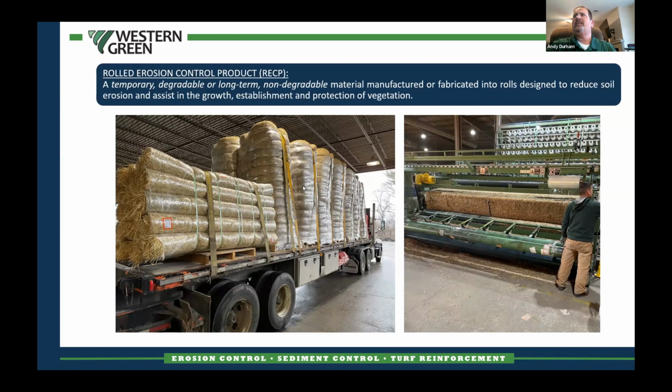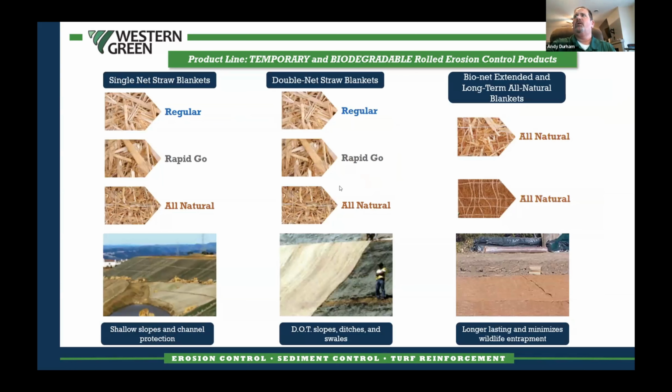But we're not doing anything more than just a temporary protection or covering with an erosion control product. So we make several. We make double net and single net straw, coconut blends. We also provide our products with all natural biodegradable materials. So when you think low slopes, shallow slopes, no internal issues with potential failure, then a rolled erosion control product, an erosion control blanket can be a good solution.